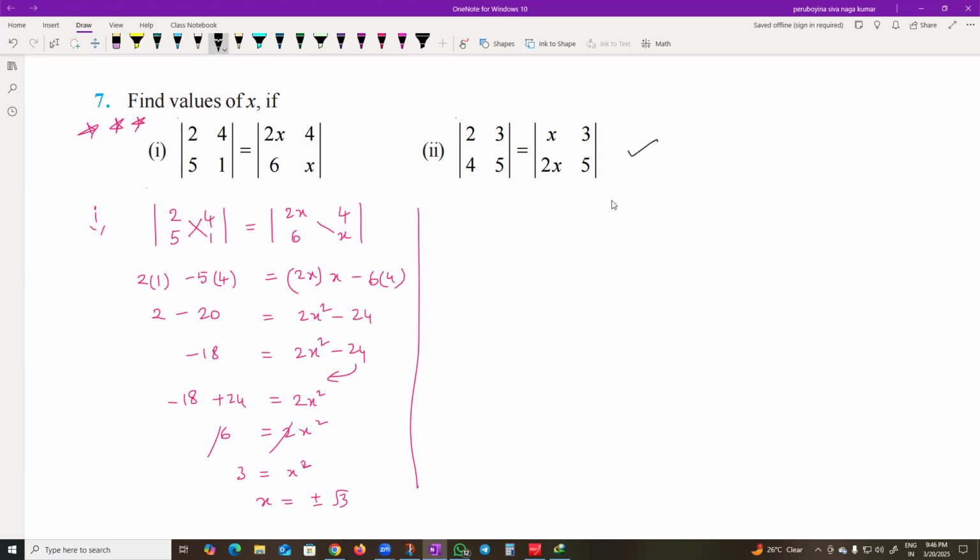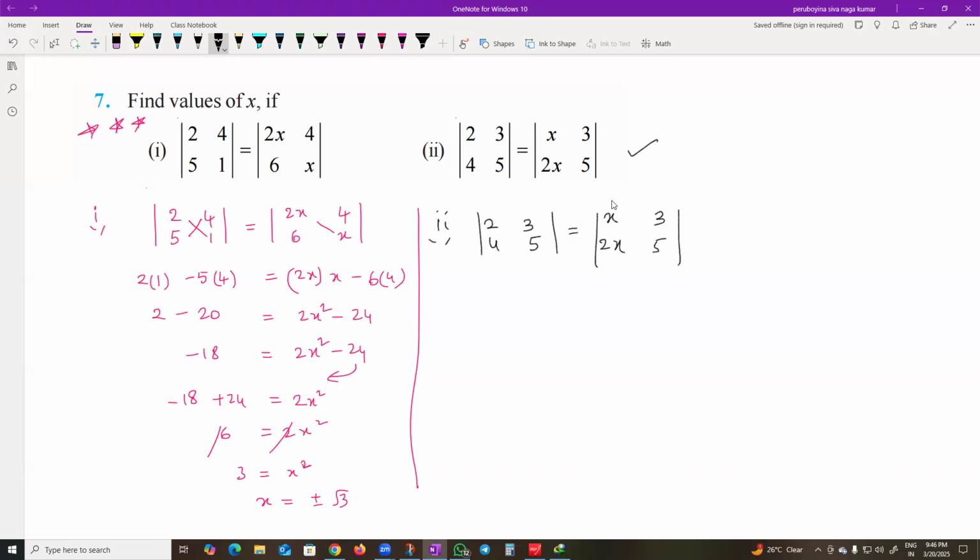Sir, x equal to 2. Yes, sir. Is that correct? Second one. x equal to 2 only, sir. Okay. Everyone got the same answer? Yes, sir.